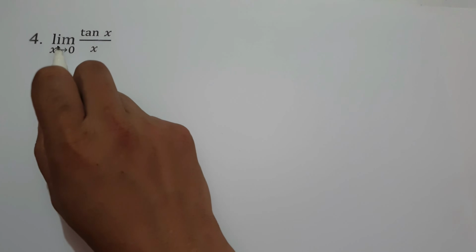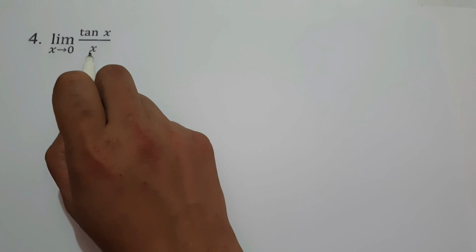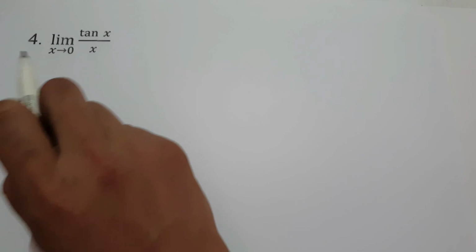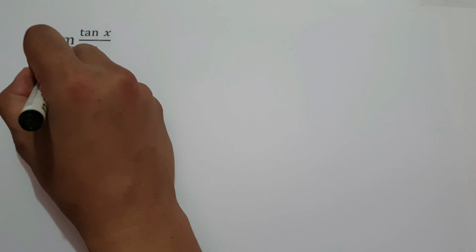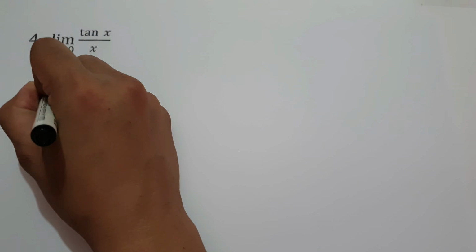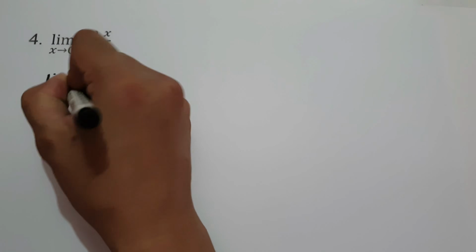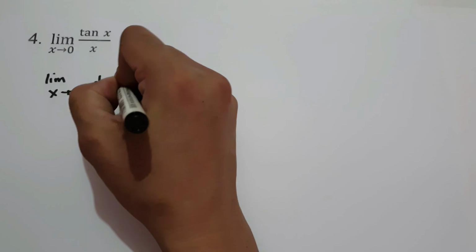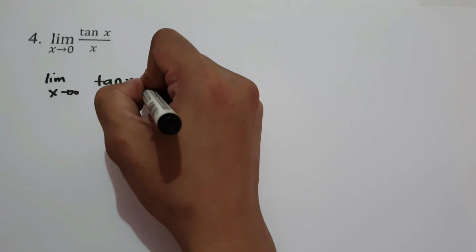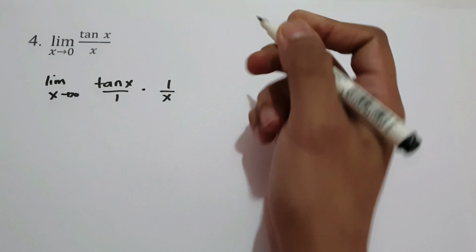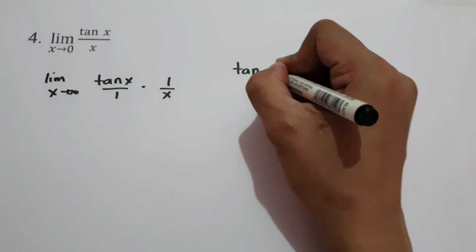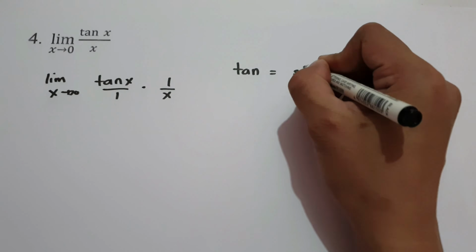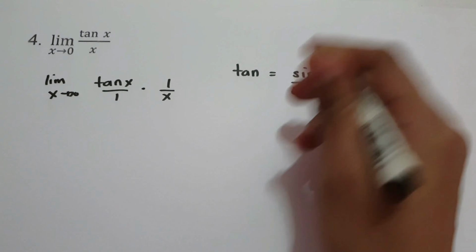On example number 4, we have the limit of tangent x over x as x approaches 0. So let us rewrite this as the limit as x approaches 0 of tangent x over 1 times 1 over x. And we all know that tangent is equal to sine over cosine.